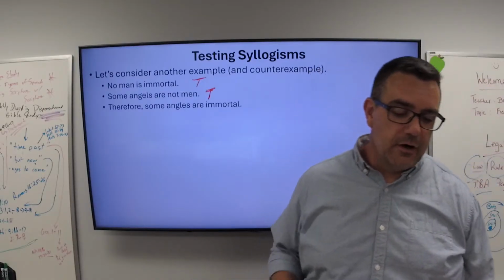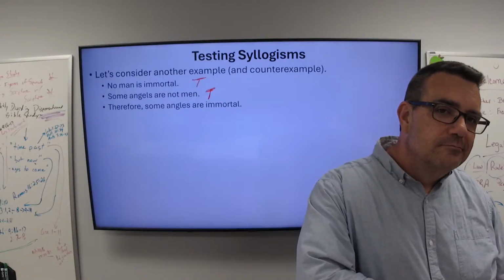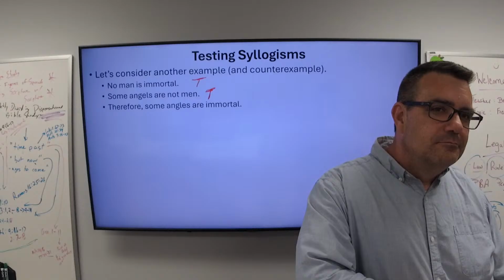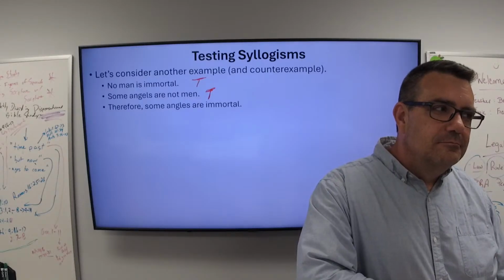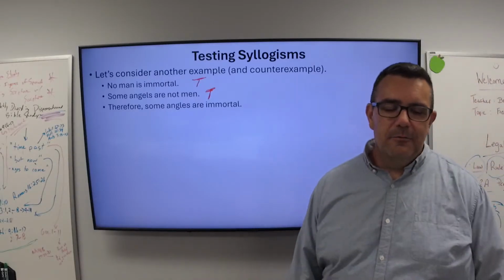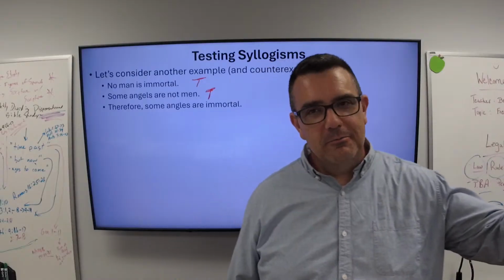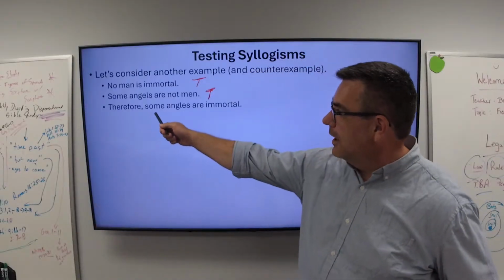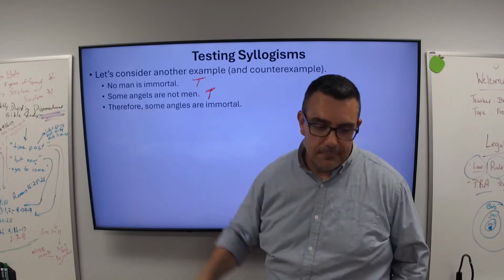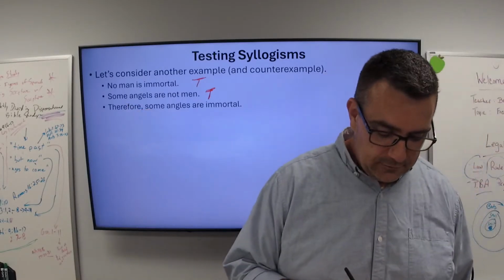Therefore, some angels are immortal. Well, they are. The issue is some versus what? But this statement says what? Some. Okay? So let's look at this.